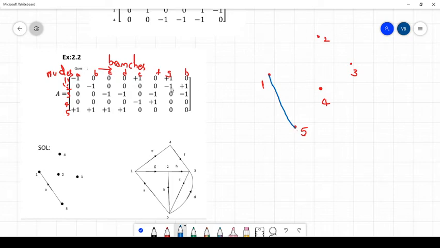Why? Because branch A consists of only 2 values, for node 1 and node 5. So how can we take the direction? For node 1, it has -1. So -1 means it is towards that particular node. So branch A is towards that particular node 1, and I am taking A like this.